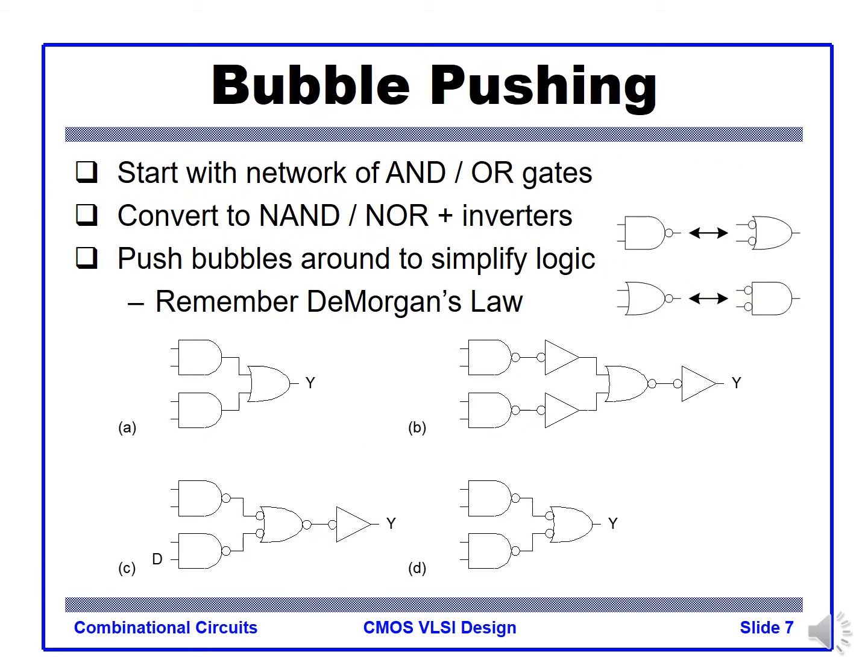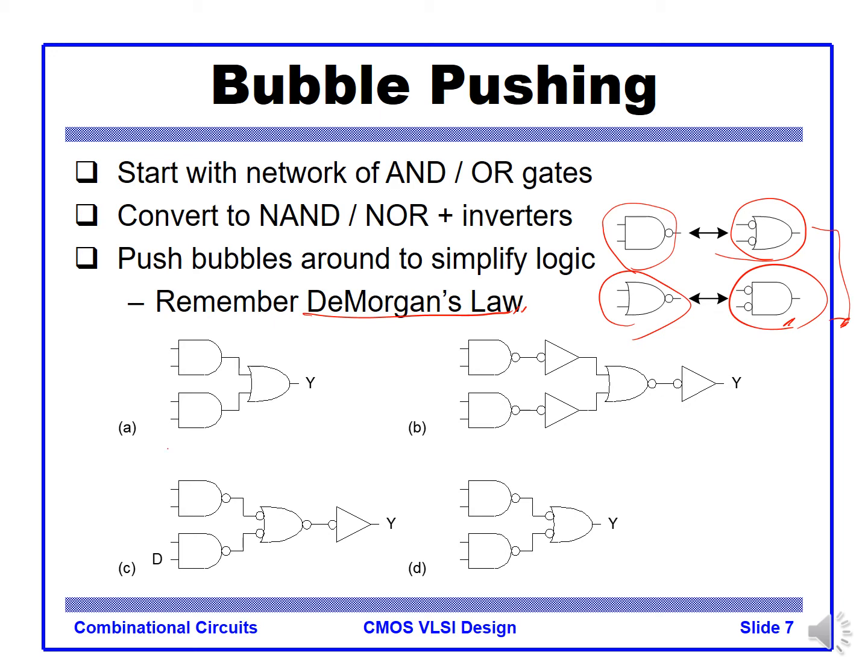The most useful thing about the bubble pushing technique is that the NAND gate can be converted like this, bubble with the NOR, and the NOR gate can be put with some bubble at the input and output and change the shape, right? This is De Morgan's law. We are visualizing the circuit transformation graphically.